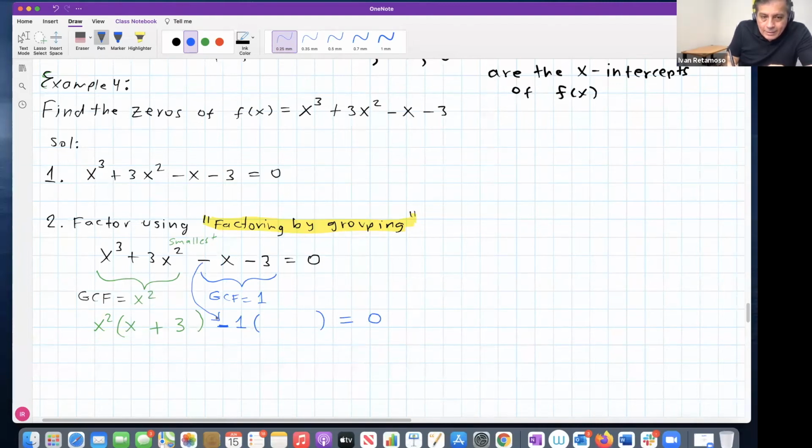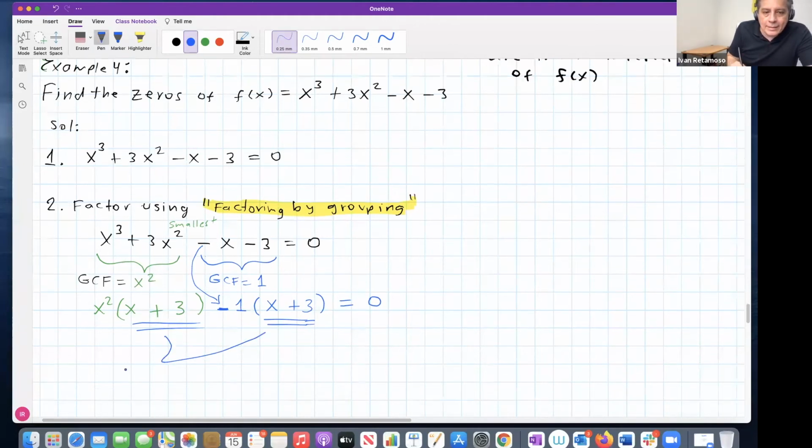Negative into negative is positive, 1 into x is just x, -1 into -3, negative into negative is positive, 1 into 3, 3. Perfect match. Look, x plus 3. Once these 2 match, you pull this out right there, the same. It's like a new greatest common factor. There you pull out. This into this cancels, x squared is left. This into this cancels, -1 is left.